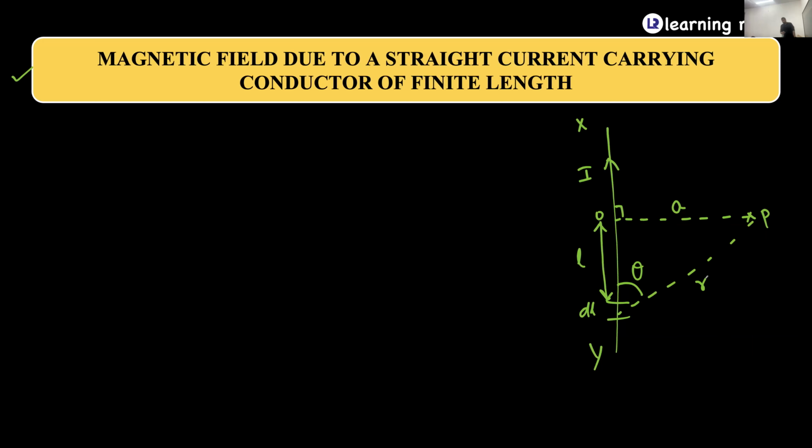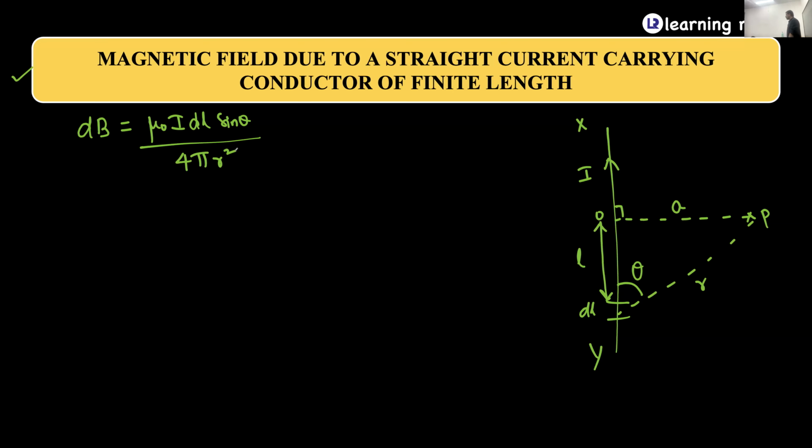Clear? So if that is the case, then the magnetic field due to this current carrying element dl, I can write it as dB is equal to mu naught times I dl sin theta the whole divided by 4 pi r square. Right? So the logic is very clear now.